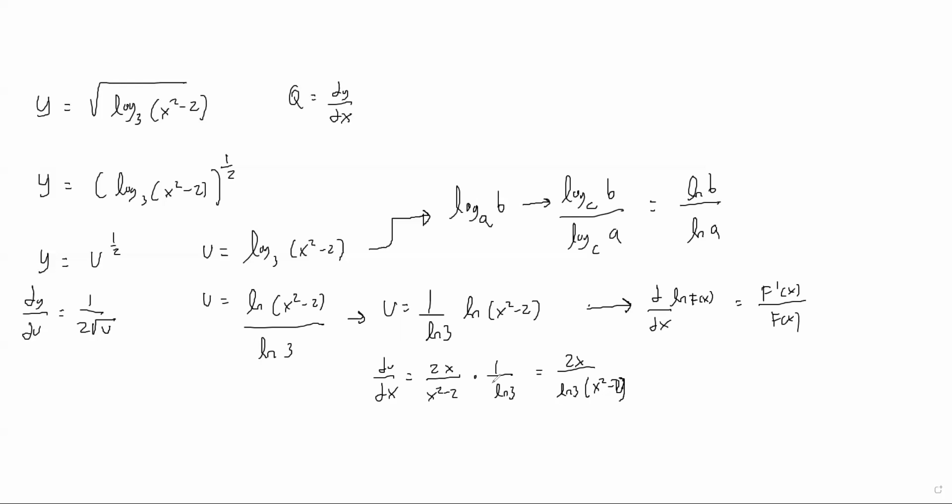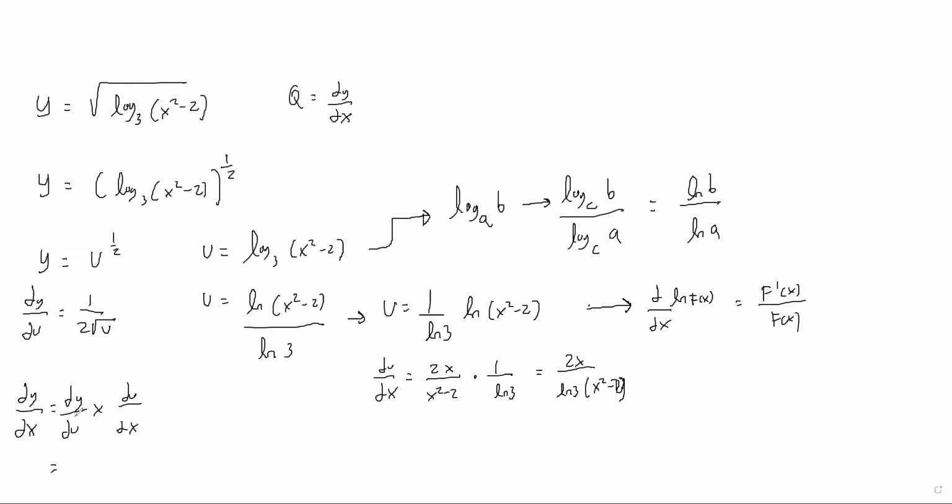Okay. Now we have the derivative du over dx. The final step is to complete the chain rule that we set up initially for this question, which is dy over dx is equal to dy over du multiplied by du over dx.